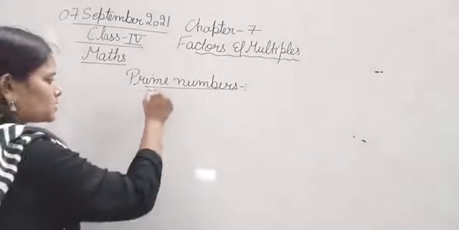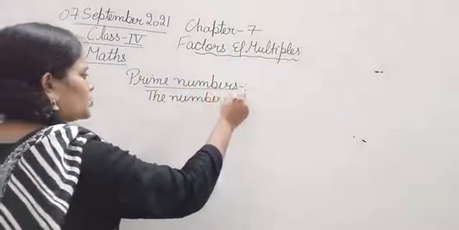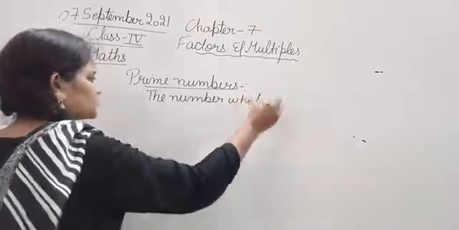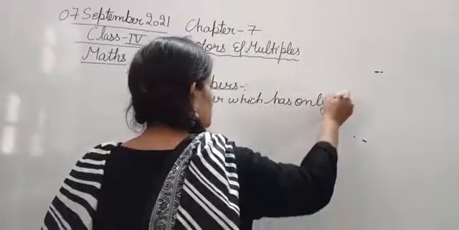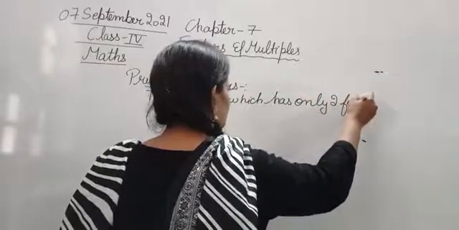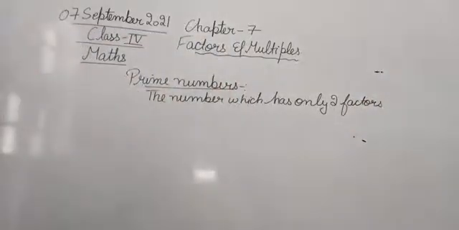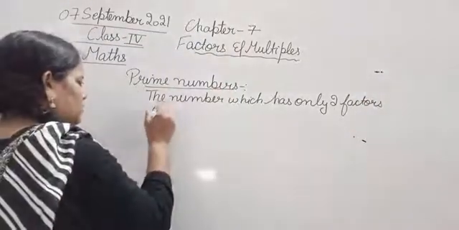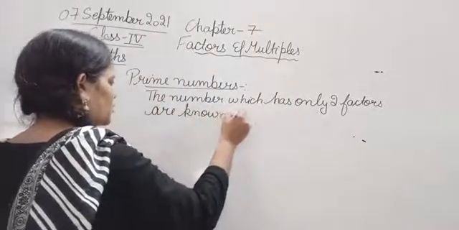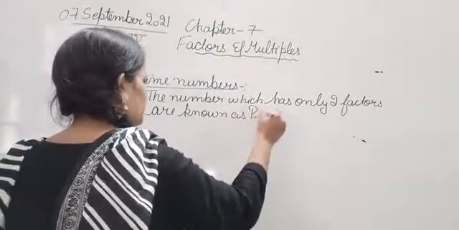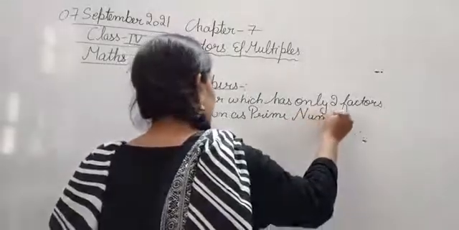The numbers which have only two factors are known as prime numbers.